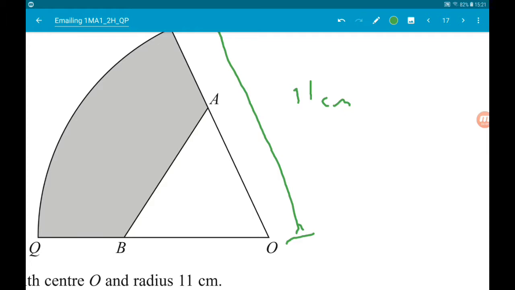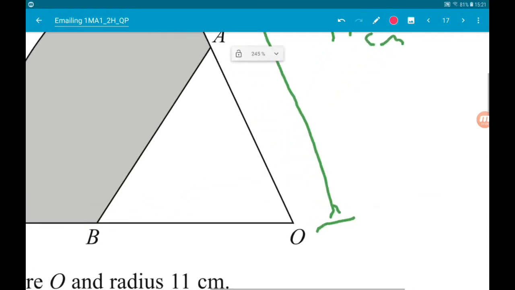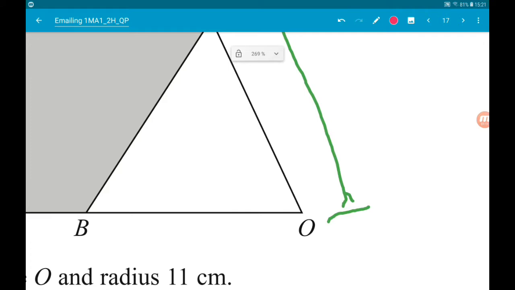Okay, then we're told A is the point on ON and B is the point on OQ, such that AOB is an equilateral triangle of side 7 centimetres. Okay, two important parts of information there.